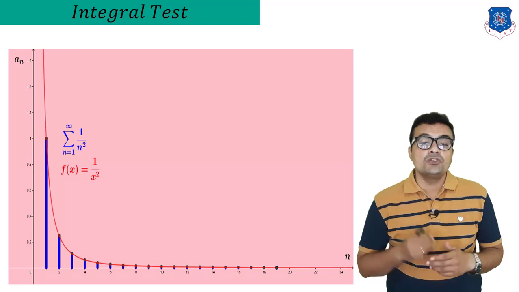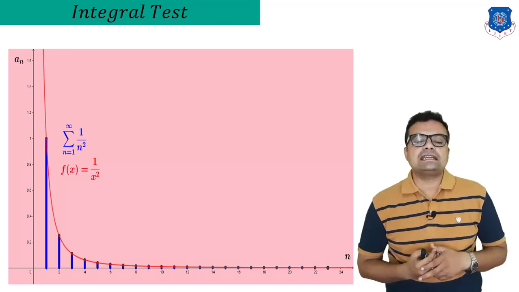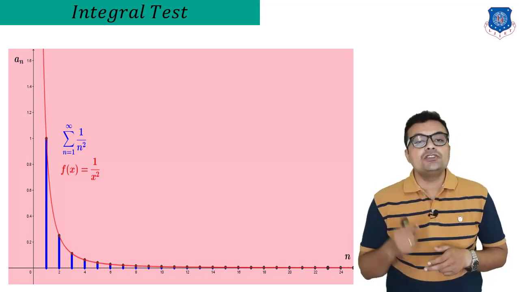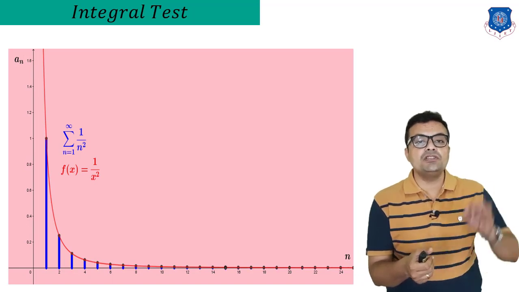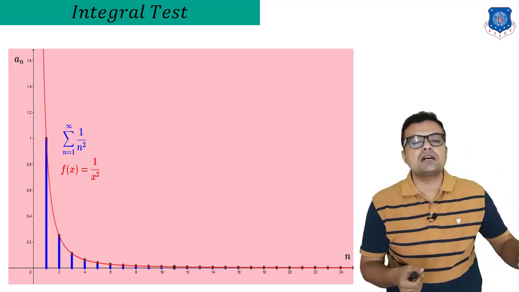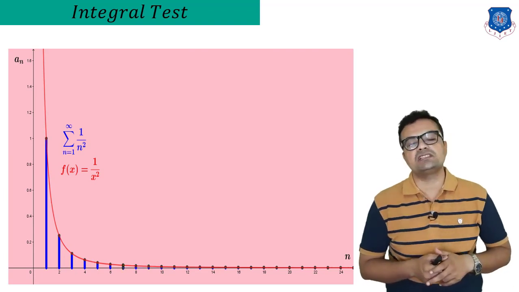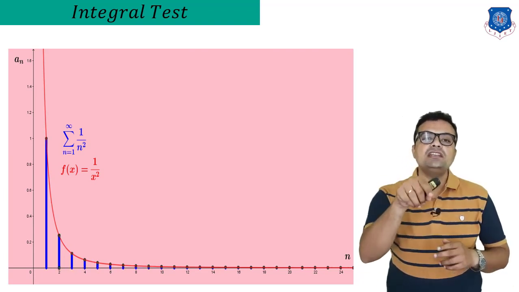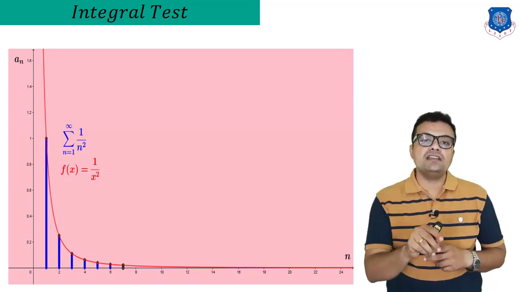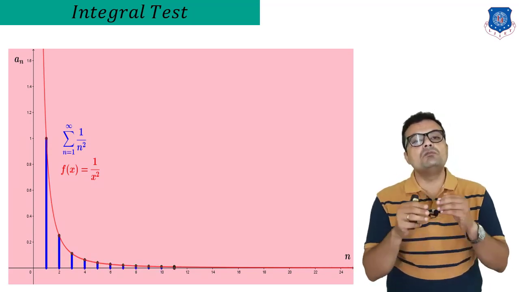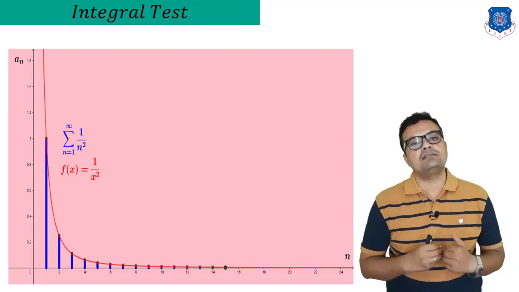So the whole idea of the integral test is something like this. You take a function which is represented by all those points. So ultimately you are finding a curve which is passing through all those given points of the series. And then you are integrating it, so you are finding the area under that curve. And if that area is finite, that means that the curve will merge with the x-axis after a certain level.